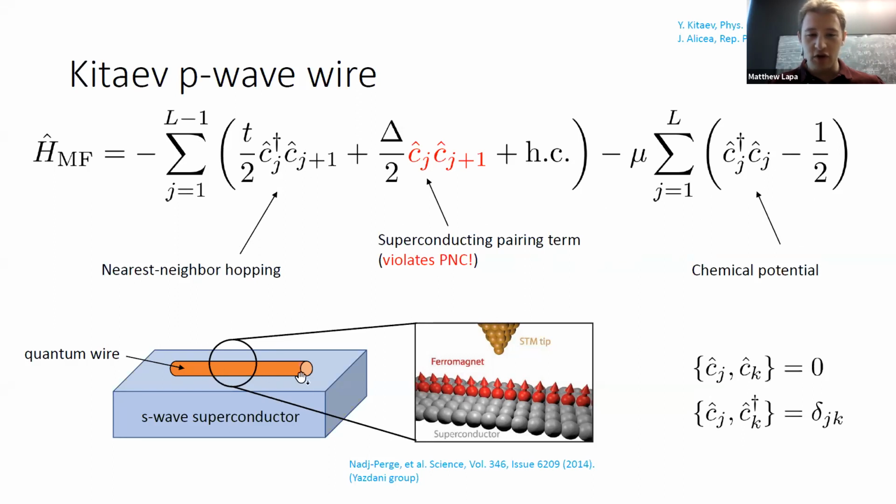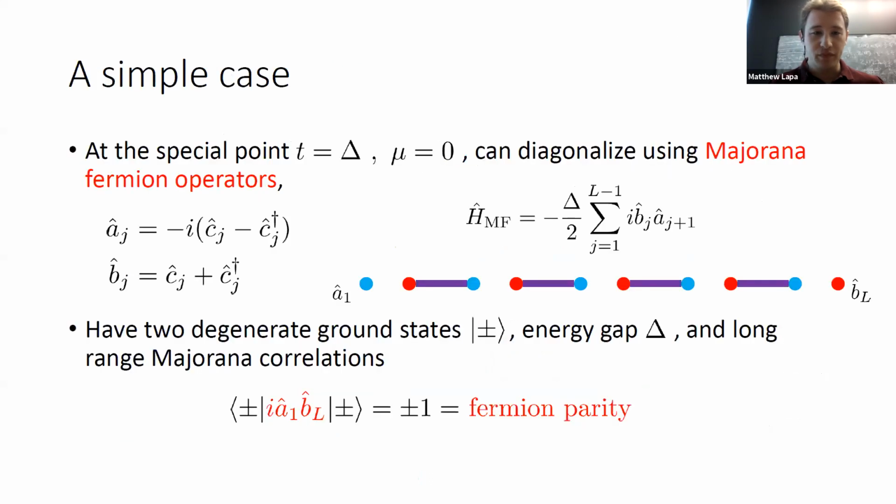And the physical picture you should have in mind, which also corresponds to the experimental setups which are being built, is that you have a semiconducting wire sitting on top of an s-wave superconductor that's supposed to induce superconductivity in the wire.